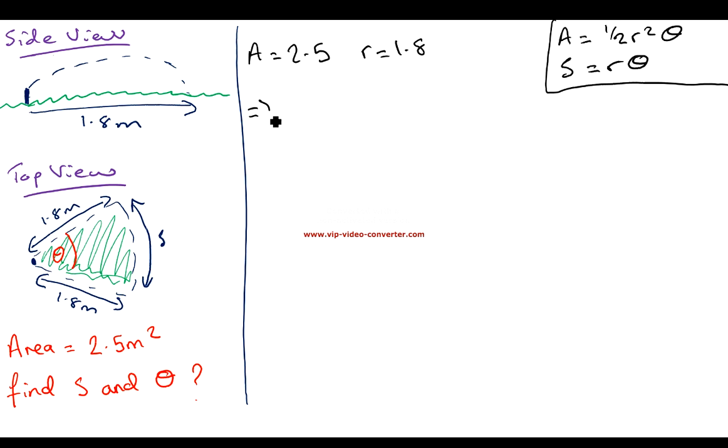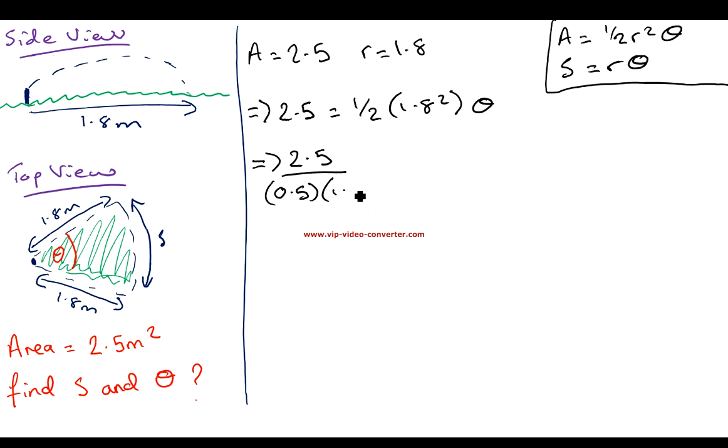So 2.5 equals a half by 1.8 squared by theta. We rearrange that, which implies 2.5 divided by 0.5, which is a half, and by 1.8 squared, will equal theta.